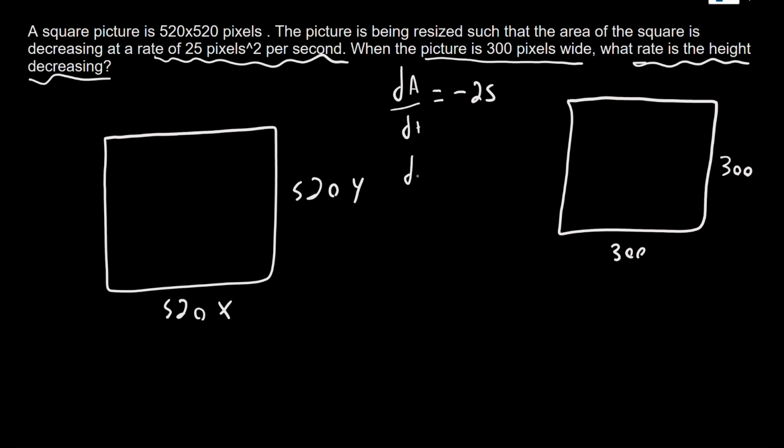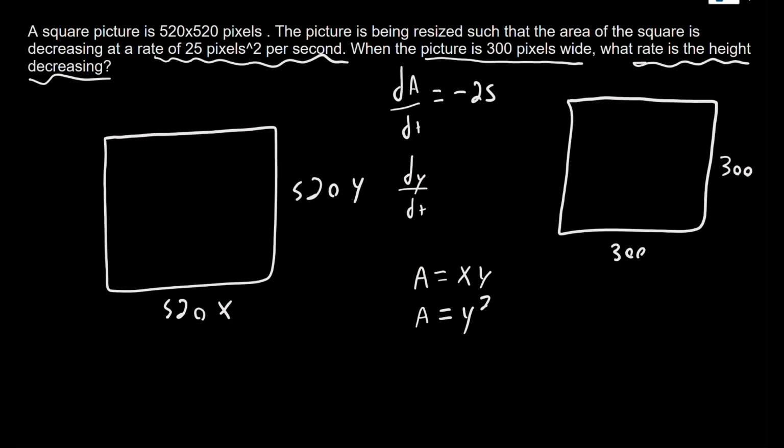And we're looking for dy over dt because y is the height. Now we could use the formula for a square, which is area equals x times y. And since it's a square, x will be y, so y times y is y squared.